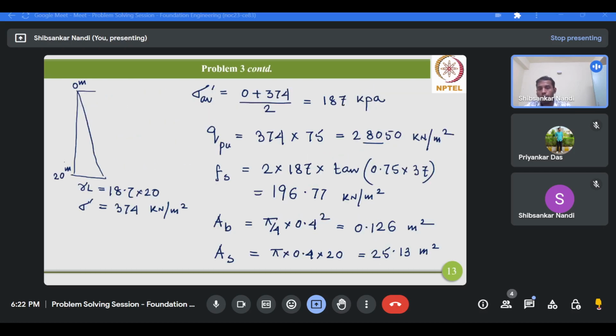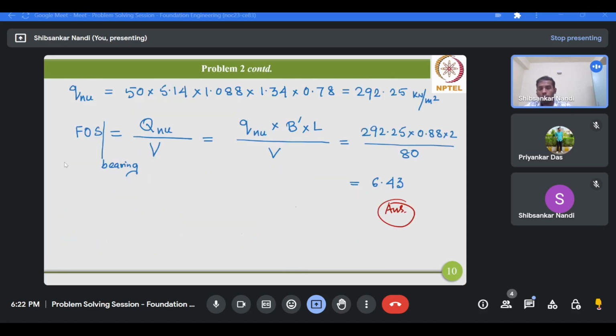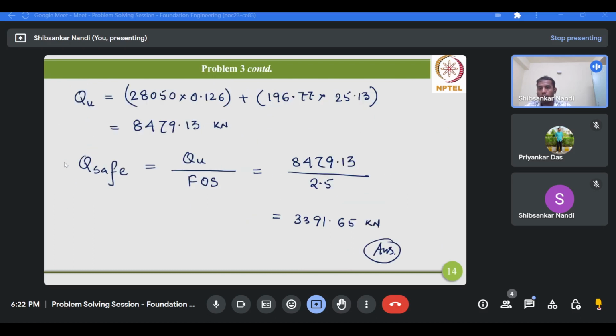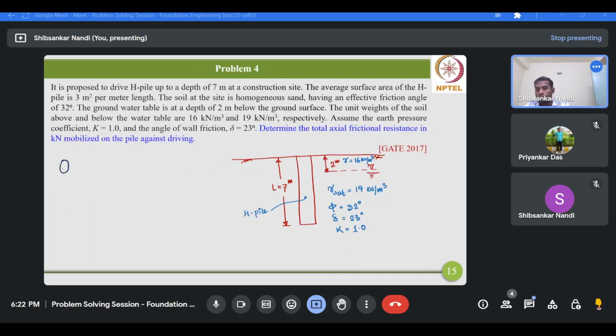We have denoted this friction component as QF, and this QF is nothing but FS into AS. Now this FS you can determine from this expression: K sigma V average.